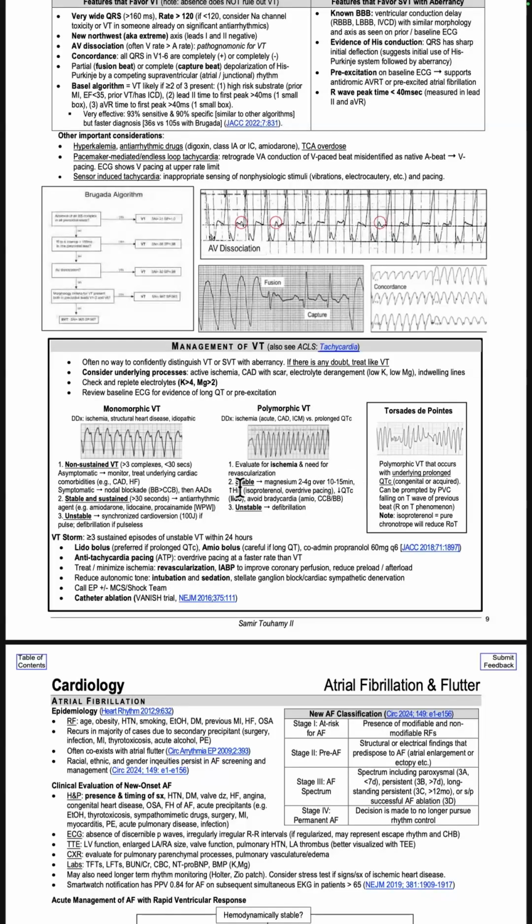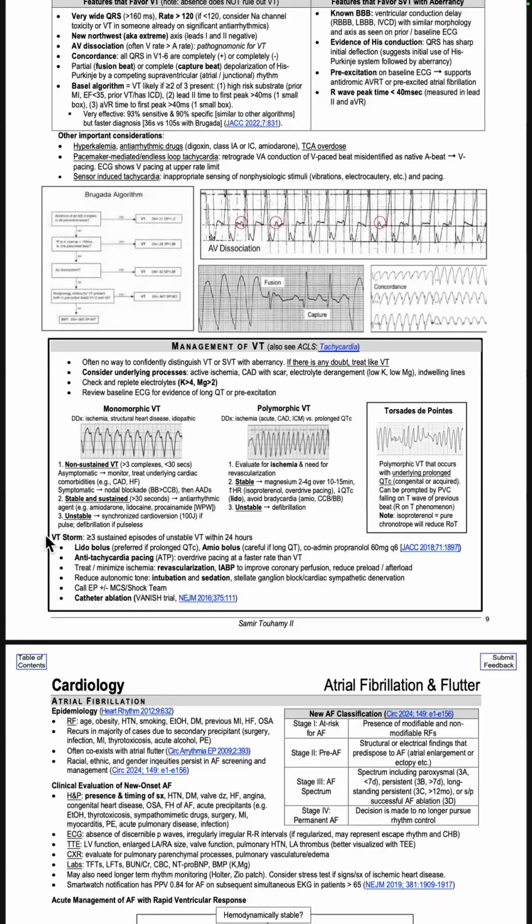You want to increase the heart rate using isoproterenol, overdrive pacing. You want to decrease the QT interval using lidocaine. You want to avoid bradycardia using amiodarone and calcium channel blockers and beta blockers. And torsades de pointes, basically the same management, but it has a different morphology.